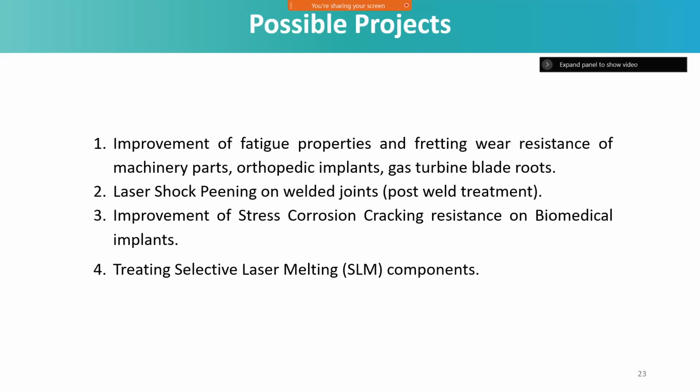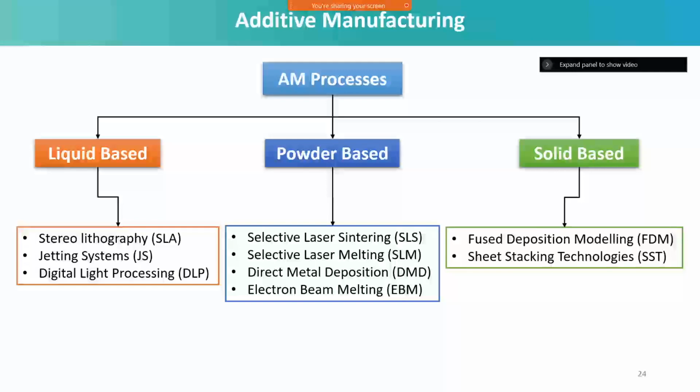We have an SLM system, and when you are doing SLM, the layer by layer buildup of the material generally has TRS, that is tensile residual stresses. So they do this laser shock peening to nullify the tensile residual stress, TRS, that is in that system. It's a kind of annealing that you can try.